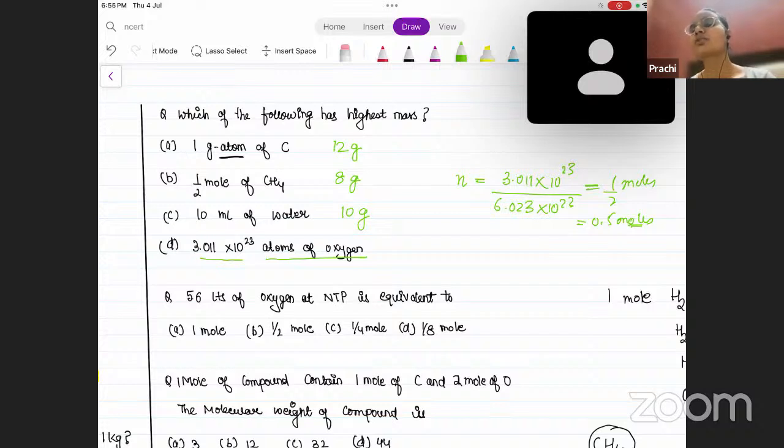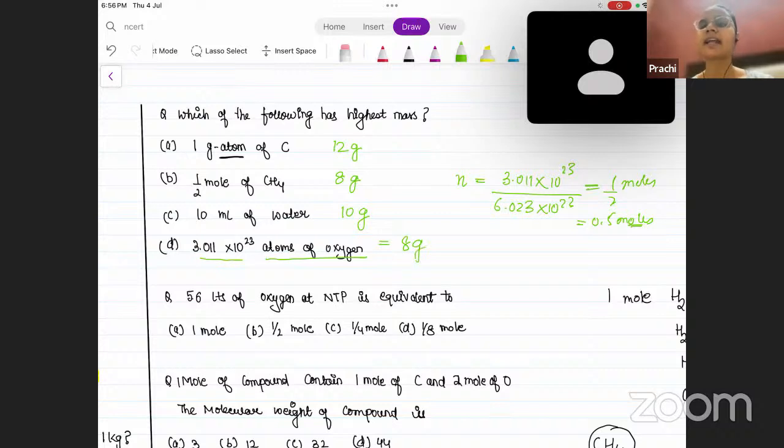What will be the mass of this much oxygen, which is 0.5 mole of oxygen? Yes, what will be the mass for 0.5 moles of oxygen? What will be the answer for 0.5 moles of oxygen? One mole of oxygen atoms has a mass of 16 grams, so it will be 8 grams.